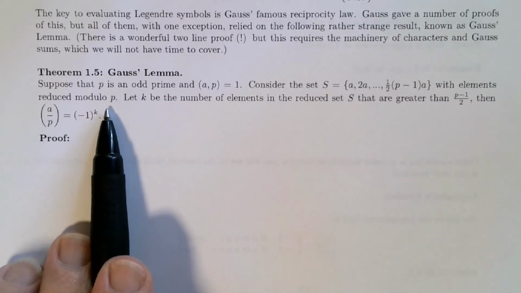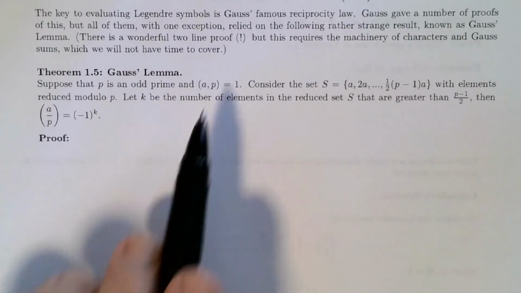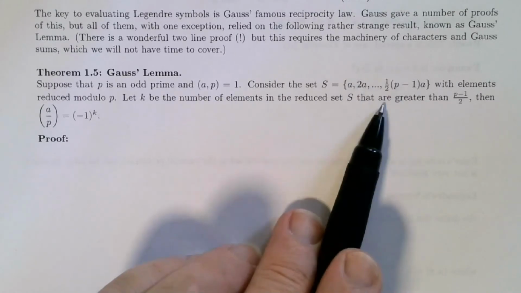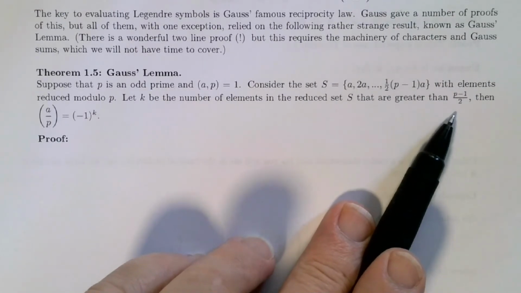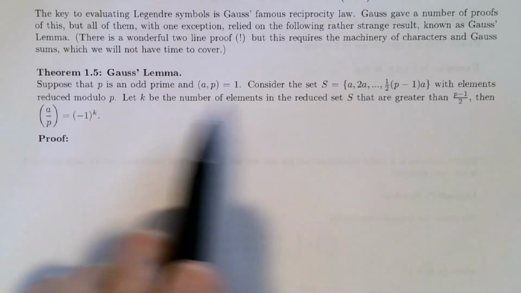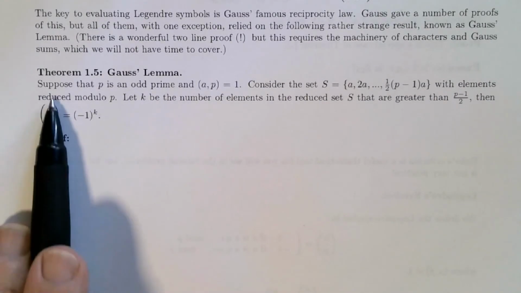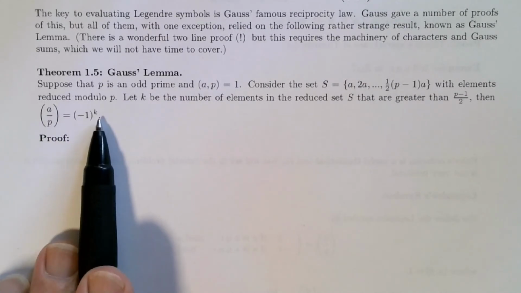You then let k be the number of elements in the reduced set S that are greater than (p minus 1)/2. So you write those down, you count the number that are greater than (p minus 1)/2, you call that number k, and then almost miraculously the Legendre symbol (a over p) is (minus 1) to the power k.